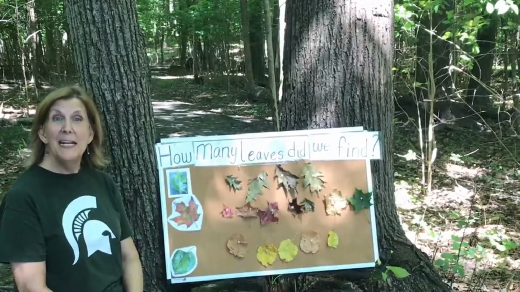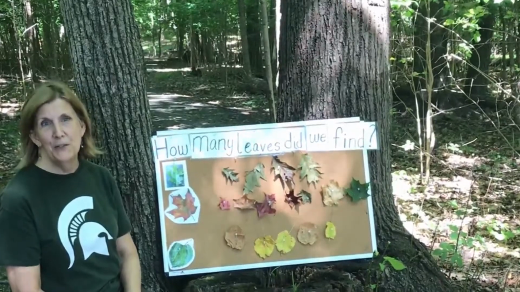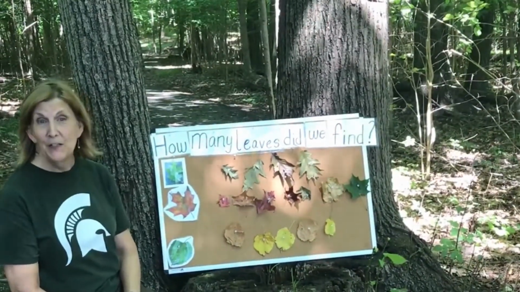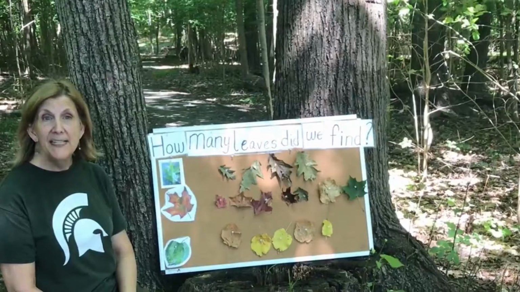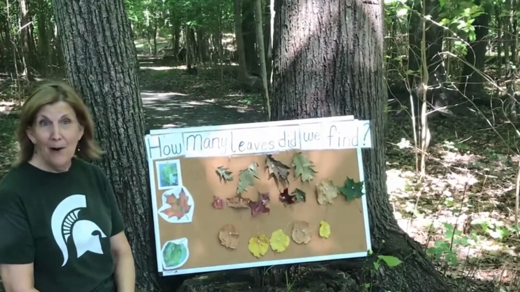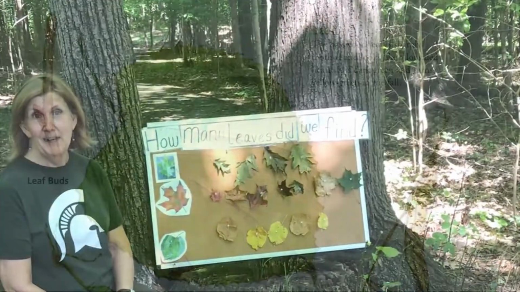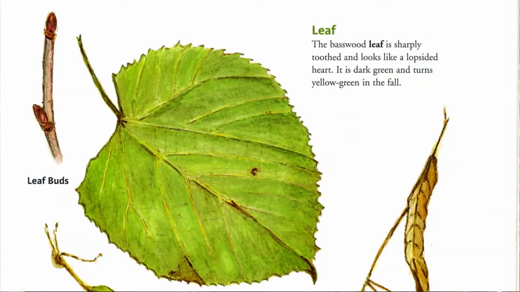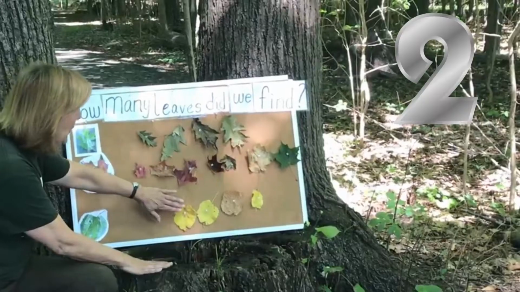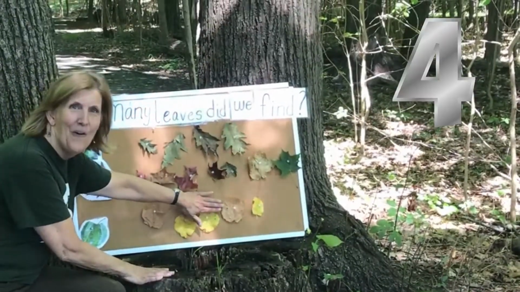All right, we've made a graph with some of the leaves we found here at Tollgate. Basswood, oak, sugar maple. We've placed the leaves in a line, just like a bar on a bar graph, using pins. Let's count how many basswood leaves we found. I'm counting. 1, 2, 3, 4, 5. Awesome.